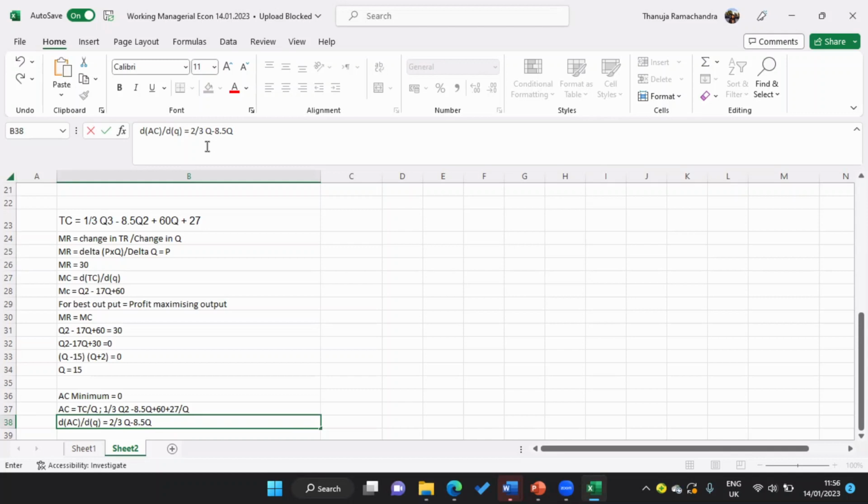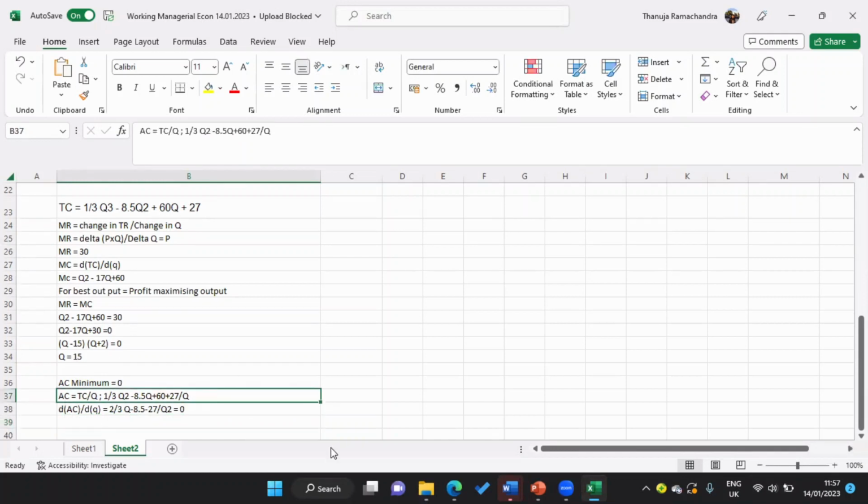Then the next term is minus 27 Q to the power minus 1, so minus 1 minus 2, so 27 divided by Q squared, isn't it? It is difficult. Again, we go to solve the same. That is equal to 0. From that, we can take the Q. That is one way.